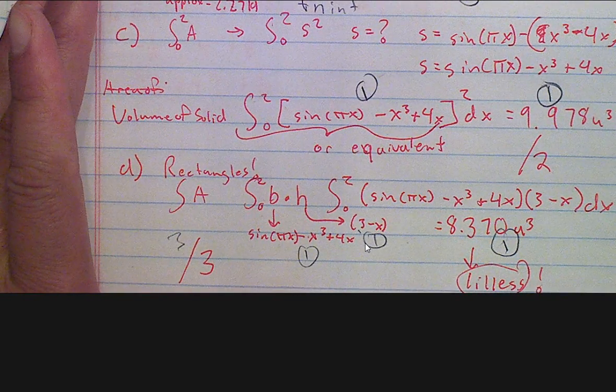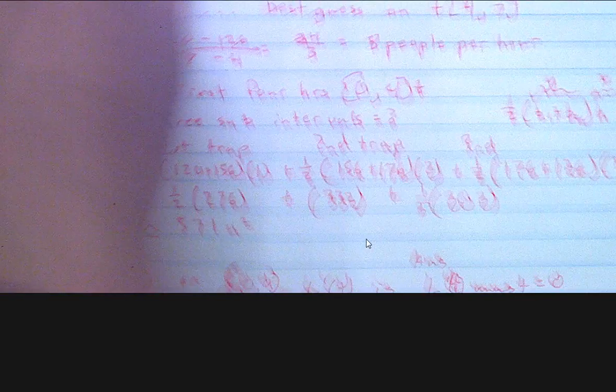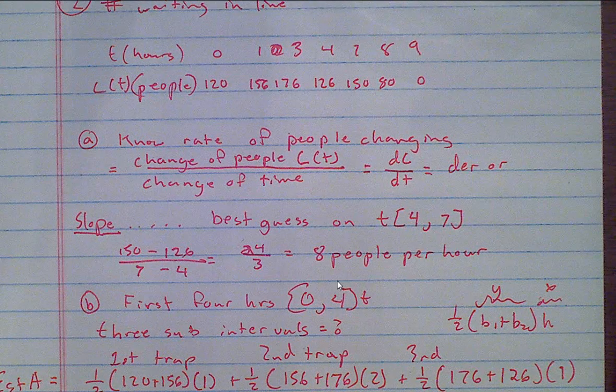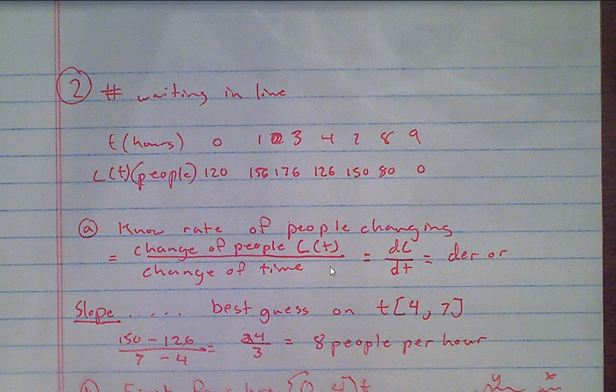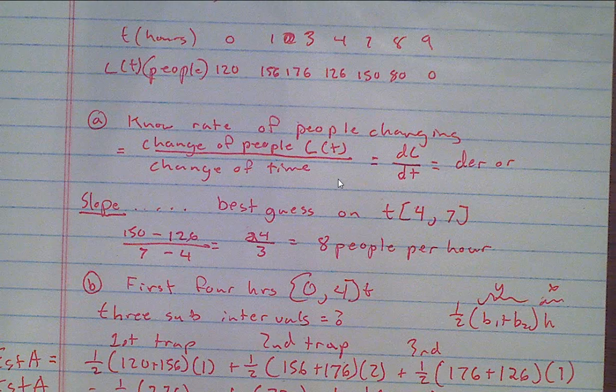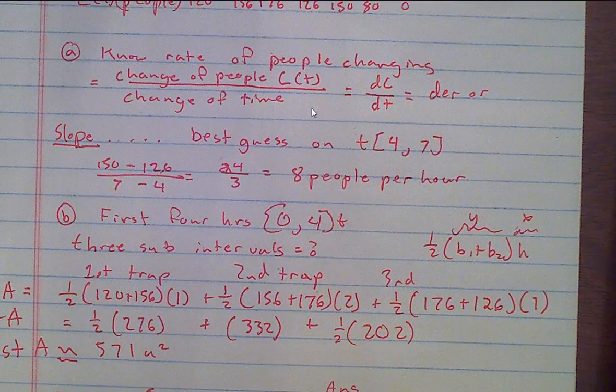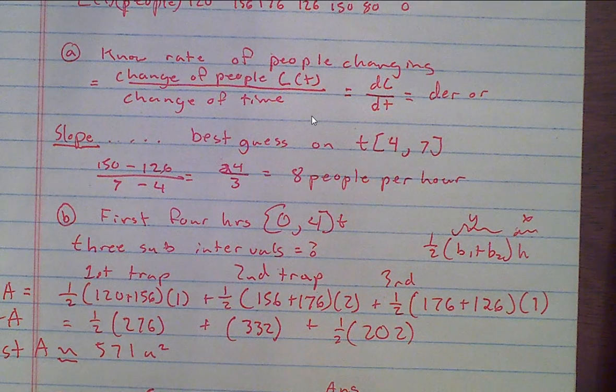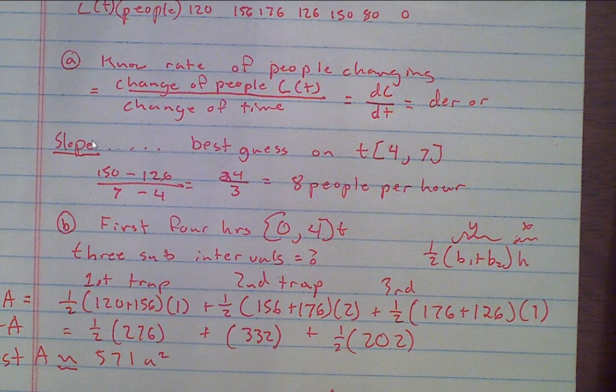Alright guys, moving on to the next one right here. Alright, next we have waiting in line. So here's a little chart that we were looking at. We want to know the rate of people changing, and we're guessing at 5.5.